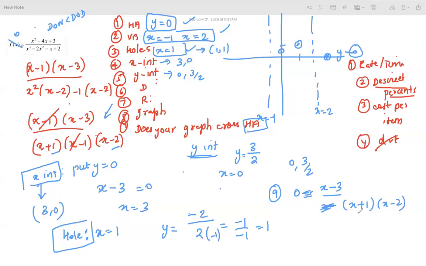However, that time 0, it will become 0. So 0 equal to x minus 3, x will be equal to 3. You are getting a valid value of x. So at 3 comma 0, the graph crosses the horizontal asymptote.